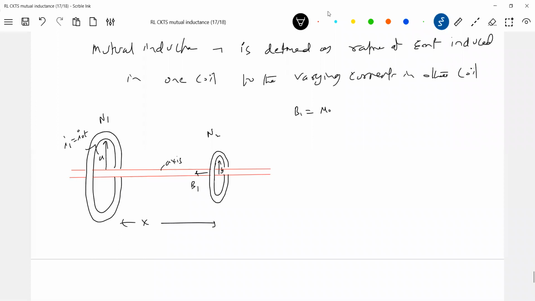B1 equals mu naught N1 A square I1 by 2 (A square plus X square) to the power of 3 by 2. Can you remember this formula? It is the magnetic field on the axis of the ring. Put X equals 0, it should be mu naught N1 I1 by 2A. This is the expression for the magnetic field on the axis of the conductor.